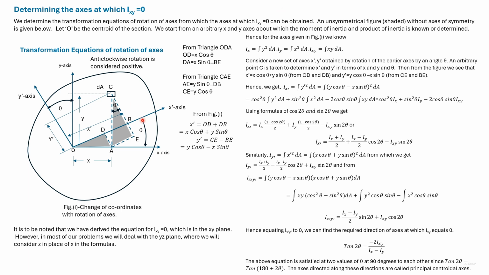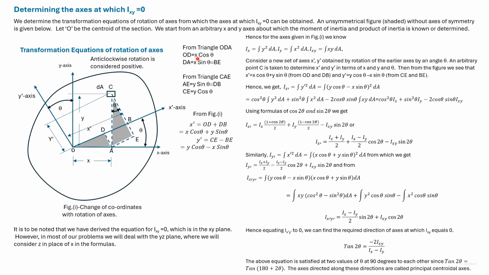We'll first find out x dash and y dash in terms of x, y and theta. We use the triangles ODA and CAE. OA is x, so OD is x cos theta and DA is x sin theta.